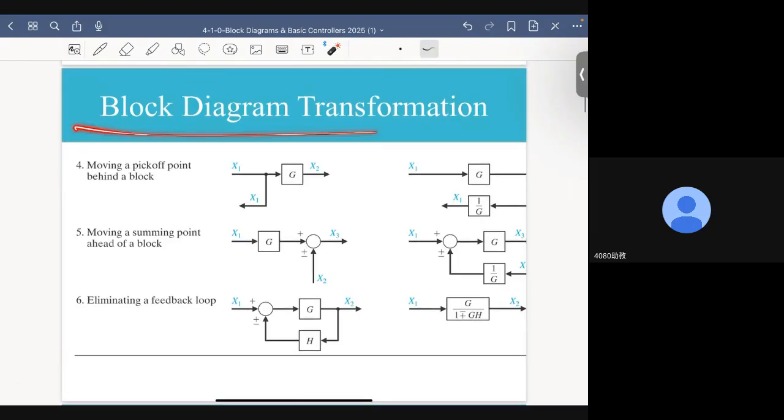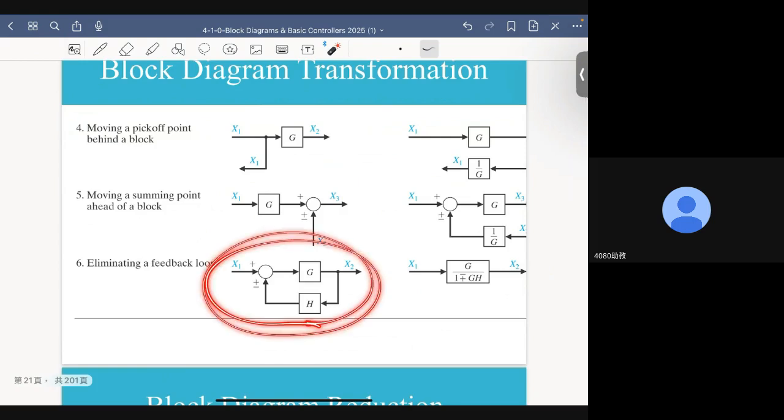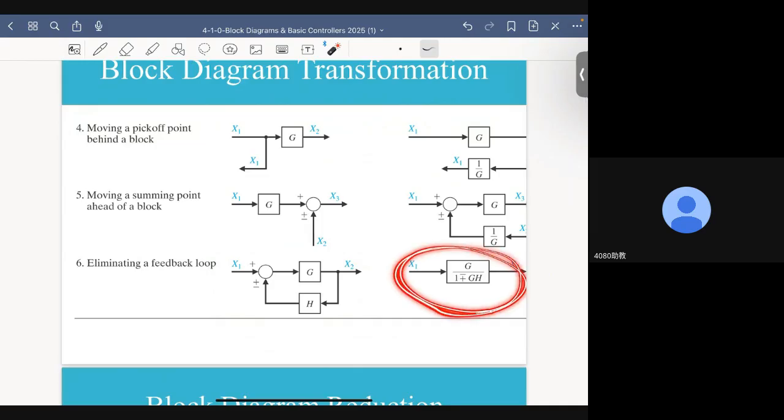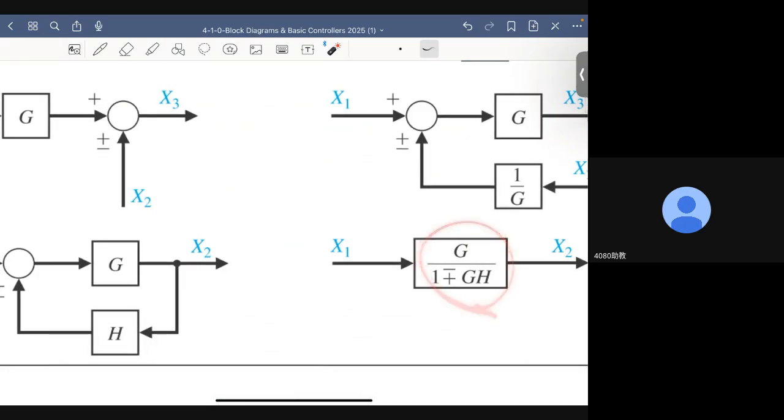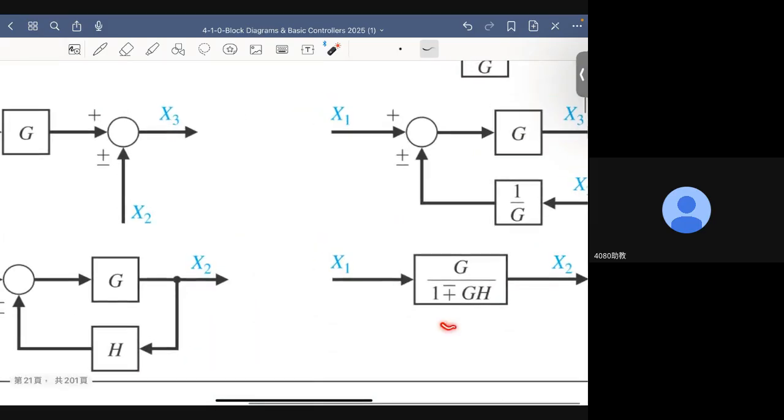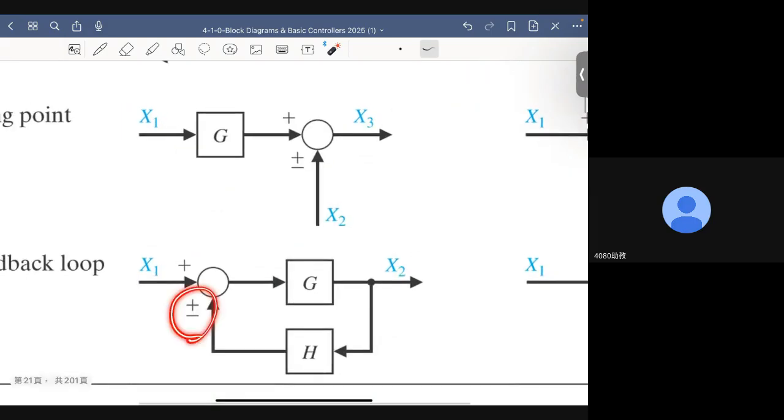Now, here are a number of figures which illustrate block diagram transformation. For example, let's say this is the original block diagram, okay? You can transform it into this simplified form, okay? So this is the resulting transfer function. Note that whether this sign is positive or negative depends on the sign we employed, okay?